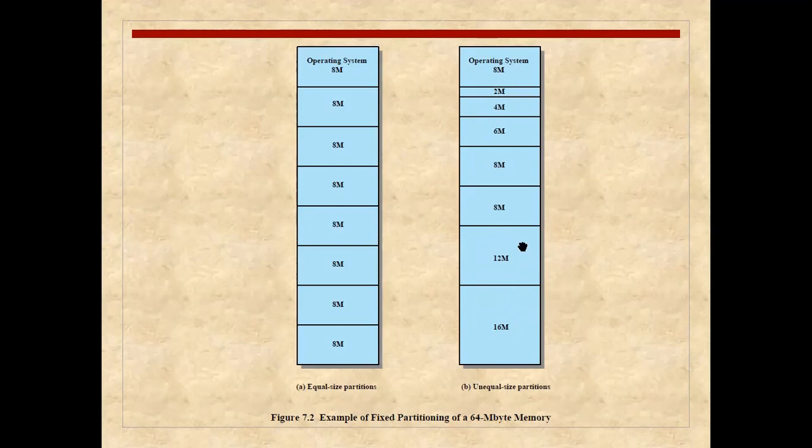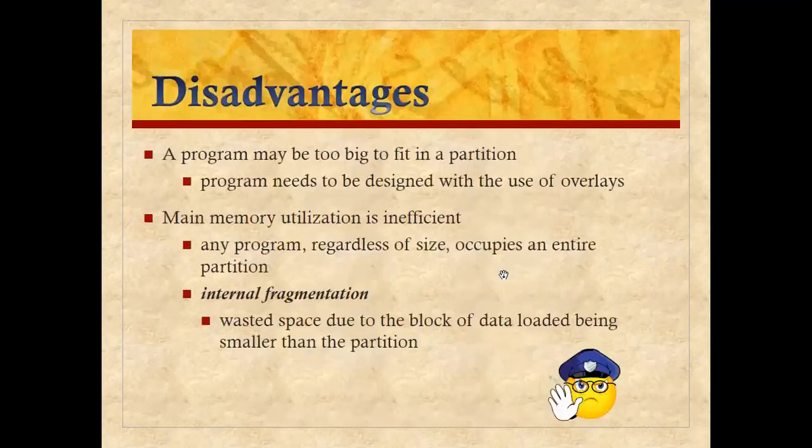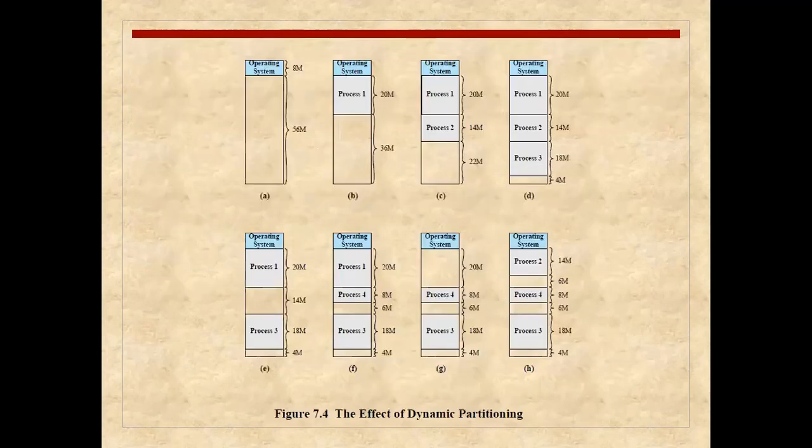Here you are assigning a 10 MB process, then 2 MB will be your wastage here. So this wastage internal to a partition, internal to a block, is known as internal fragmentation. Here in fixed sizes, you are having a problem of internal fragmentation. In dynamic partitioning, you are having a problem of external fragmentation.